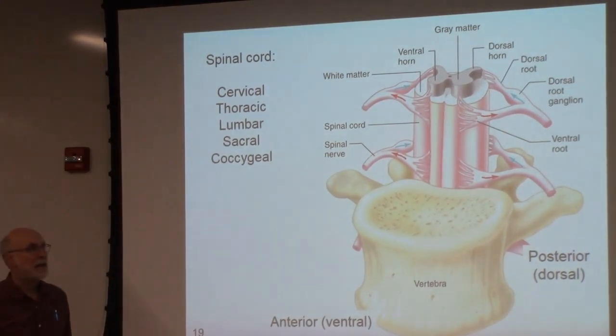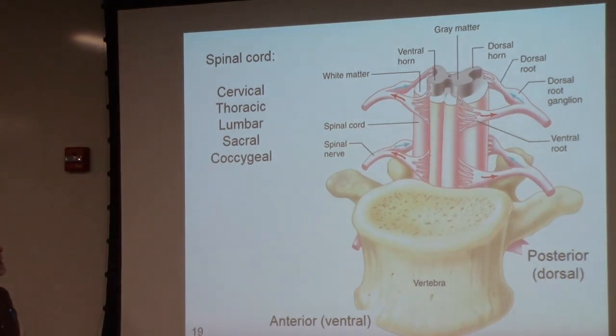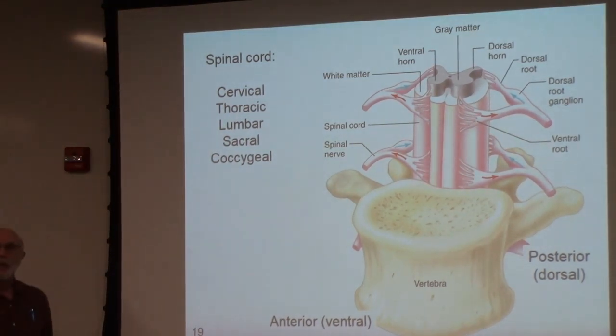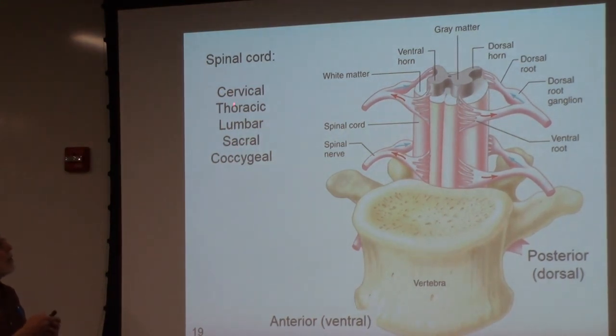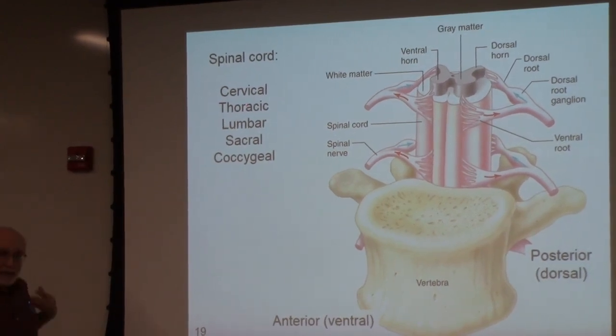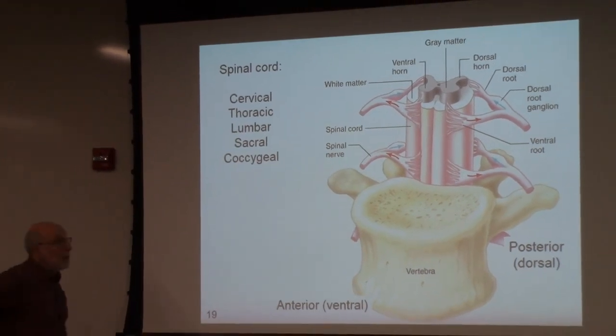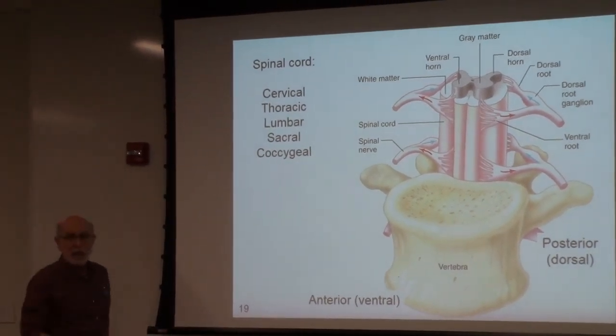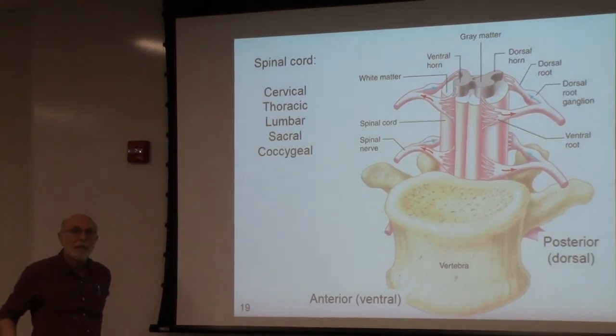Let's hold off on this, except for, this was a coloring book assignment, so I just want to emphasize that the spinal cord is in sections, and there is the cervical in the neck, thoracic in the chest, lumbar, sacral, and coccygeal in the lower back and butt.